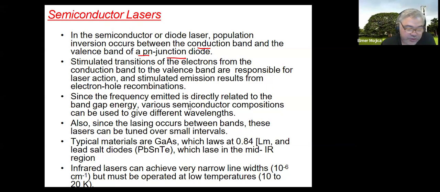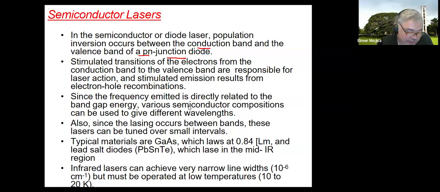Okay, so the frequency emitted here is directly related to the band gap energy. Various semiconductor compositions can be used to give different wavelengths. Also, since the lasing occurs between the bands, these lasers can tune over small intervals, so it's also tunable.